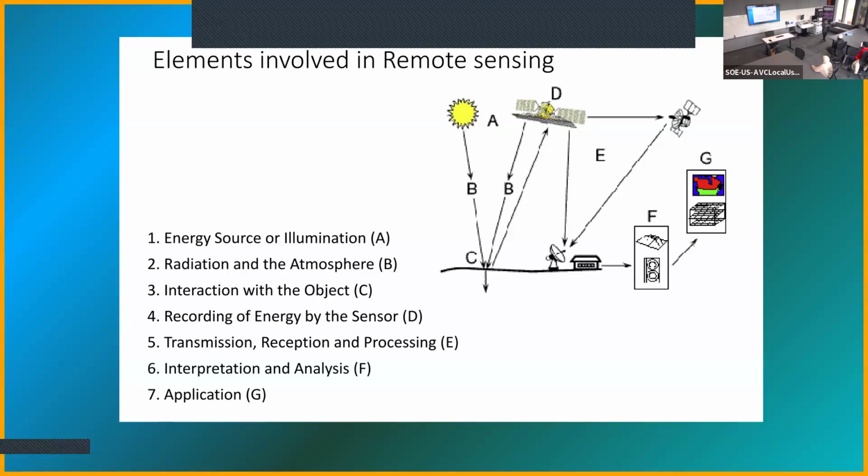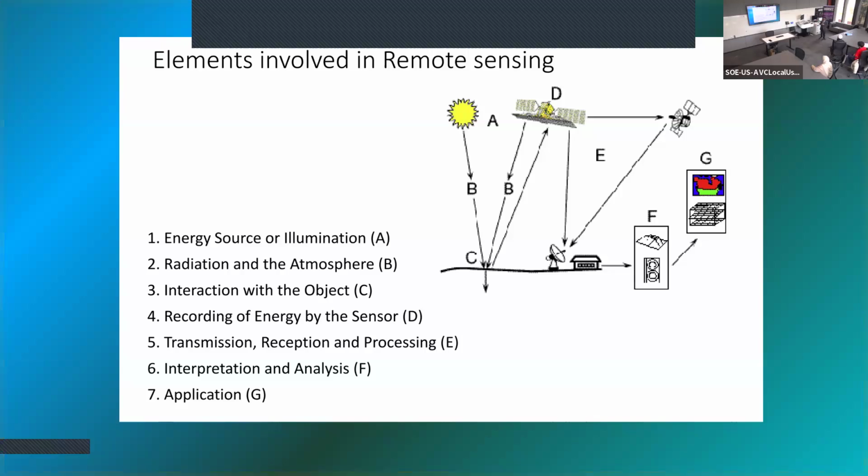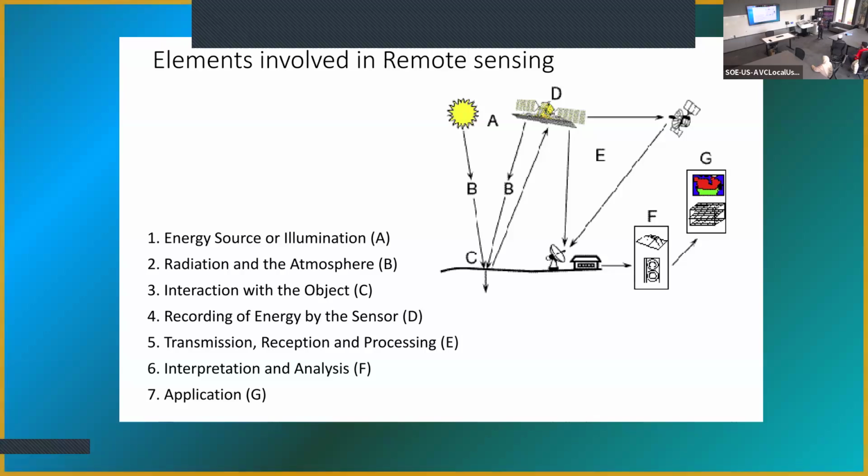So there are different types of sensors, active sensors and passive sensors. The passive sensors need the sunlight, and they detect different types of spectrum and record it, and then you can utilize that energy for your application. The main beauty, as I already told you, is the capacity to detect different types of surface features.